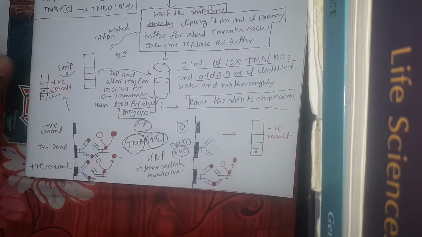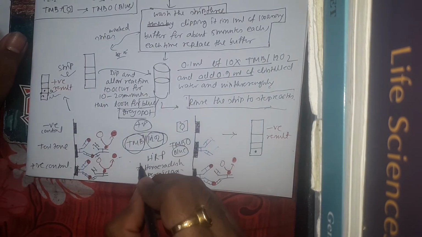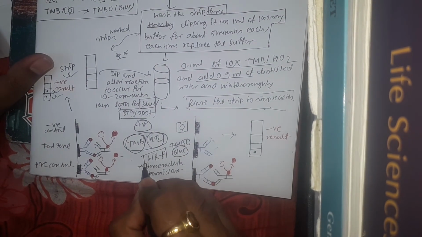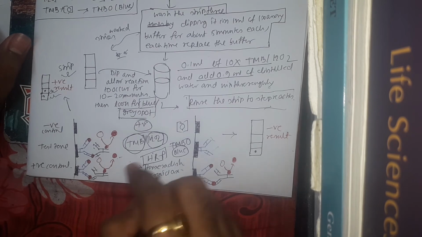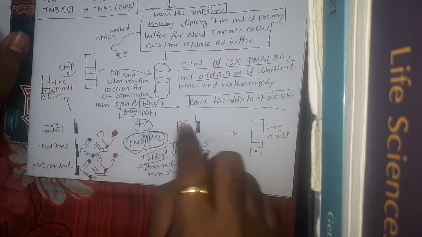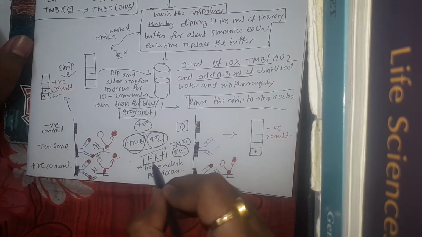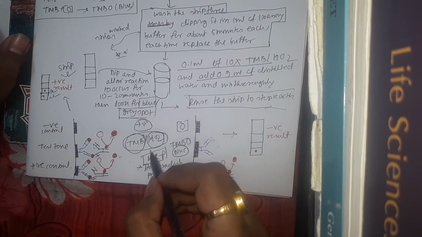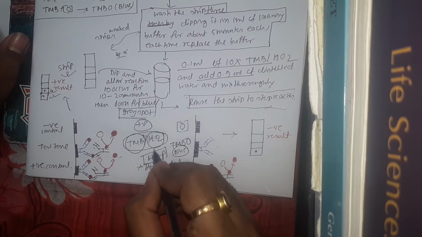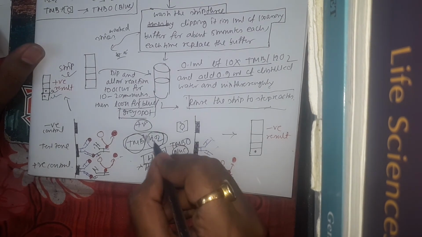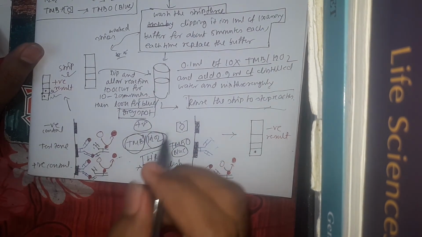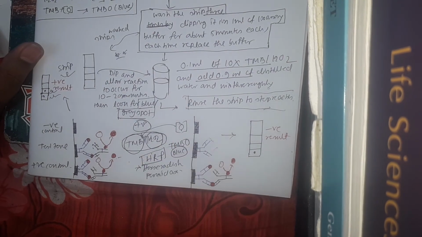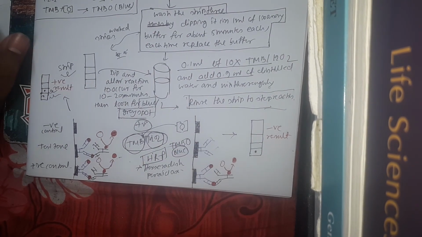Let me repeat. Horseradish peroxidase is an enzyme that has the ability to interact with the TMB H2O2 substrate. When it reacts with the H2O2, the HRP will release oxygen from the H2O2, and this oxygen will again react with TMB, and you will have tetramethyl benzidine oxide, which is blue in color.